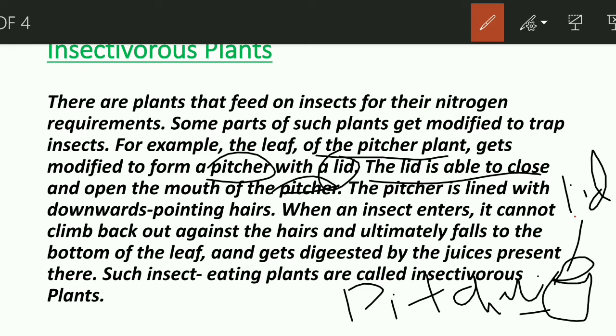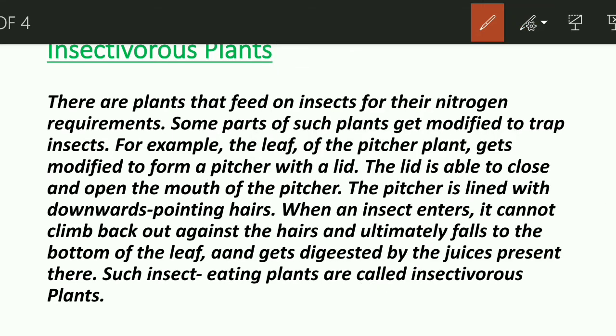So this lid gets closed over the pitcher and the insects get trapped in it. But this is not all. There is a very vast and complex process by which the fly or insect, whatever, that enters it gets trapped. Okay, so let's study what the process is.